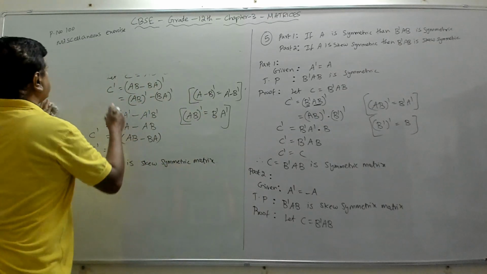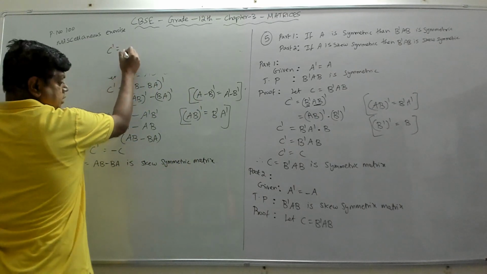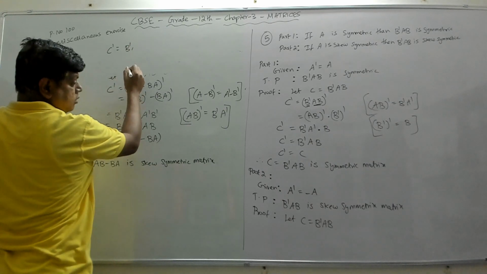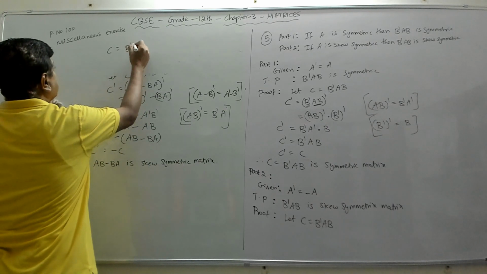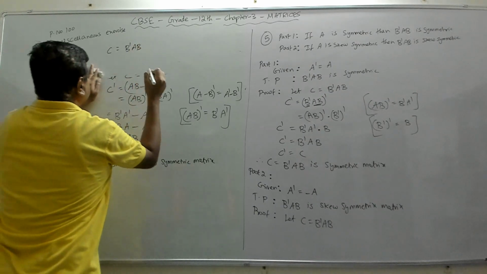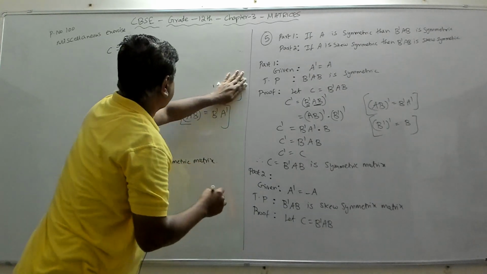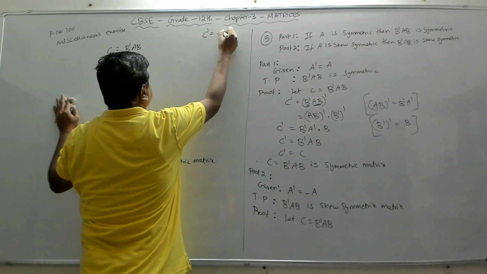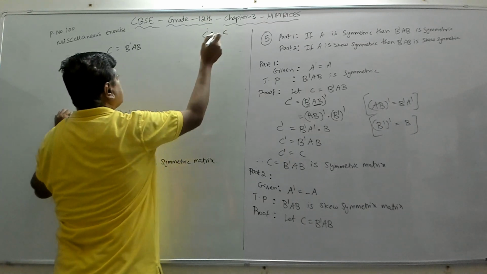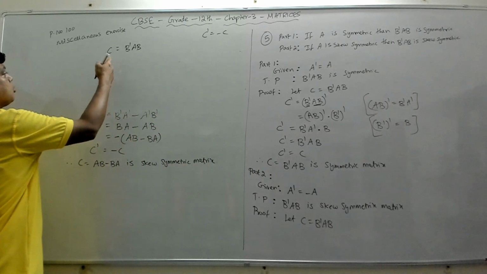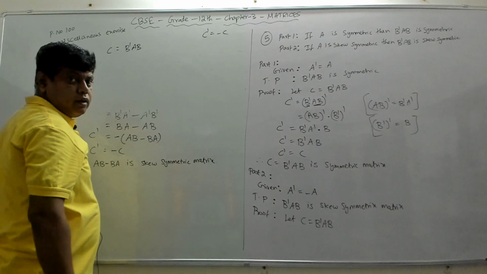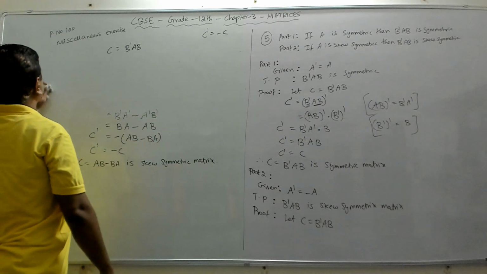C is B transpose AB. Now we should show that this is skew symmetric. If we prove C transpose equal to minus C, then we can say that C, which is B transpose AB, is skew symmetric. That will be the proof.